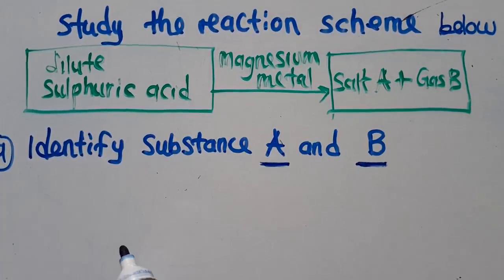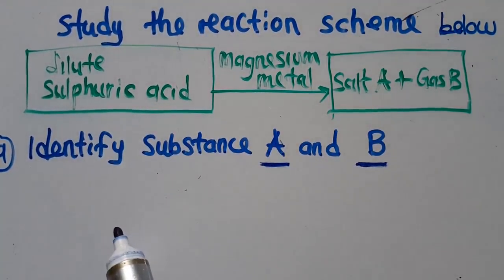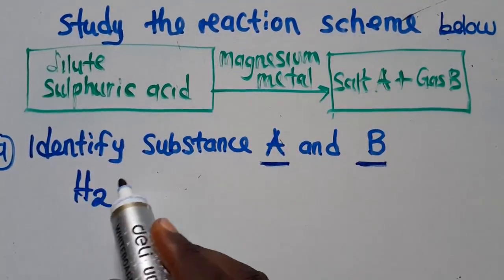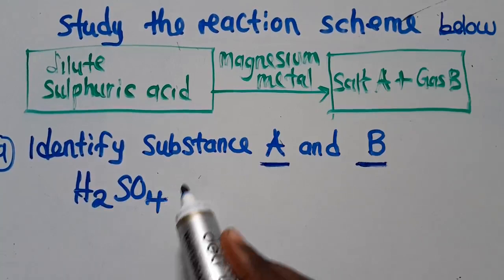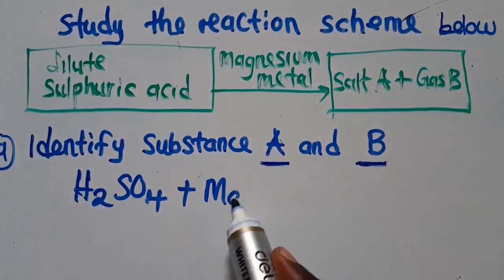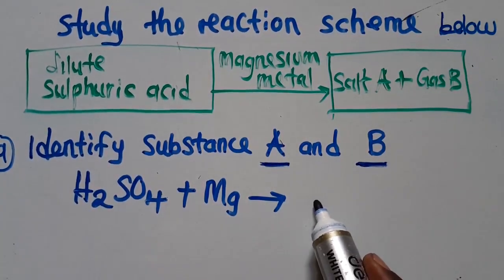You are going to identify substance A. First, you need to write the chemical reaction: dilute sulfuric acid plus magnesium metal produces a salt.